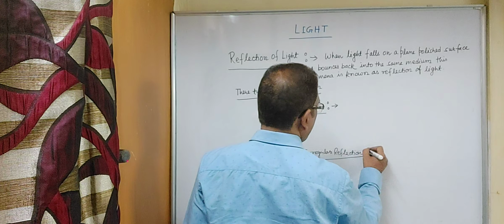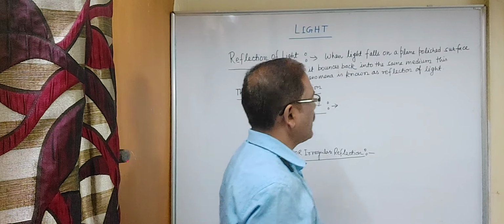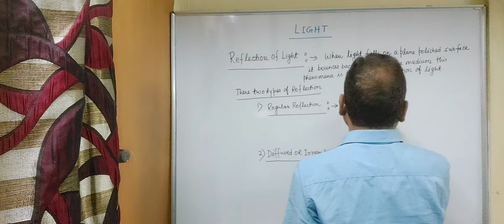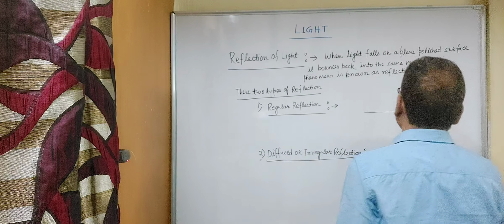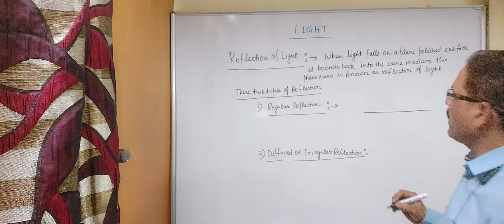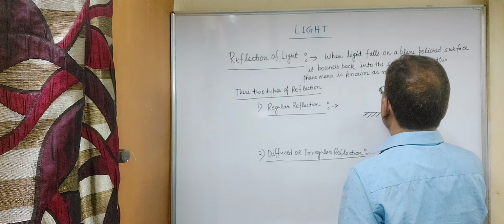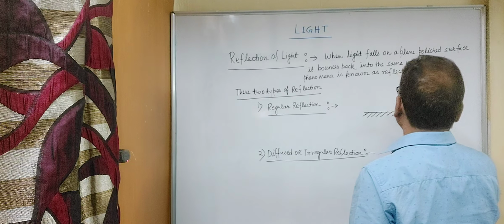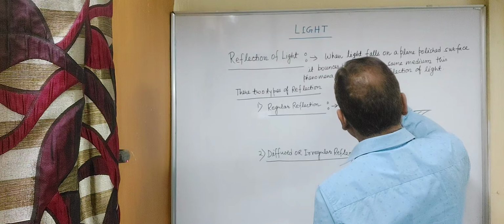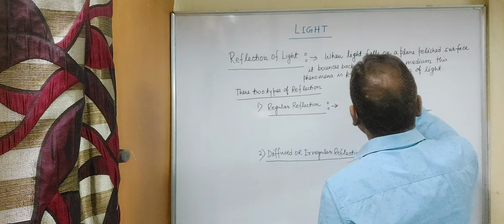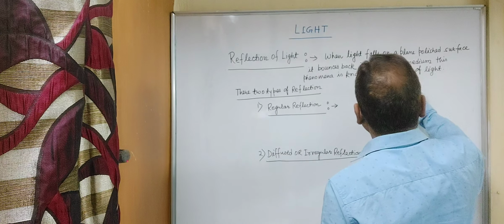As I have said, in case of regular reflection, light falls on a plain surface. Suppose there is a plain smooth surface, it may be a mirror. Suppose this is the surface of a plain mirror. Let these be the light rays falling on it. A number of rays are coming.